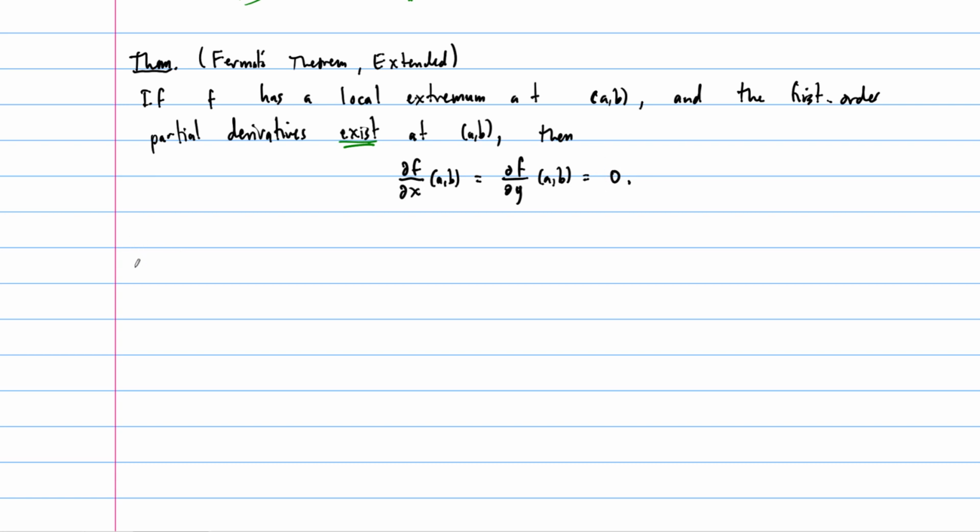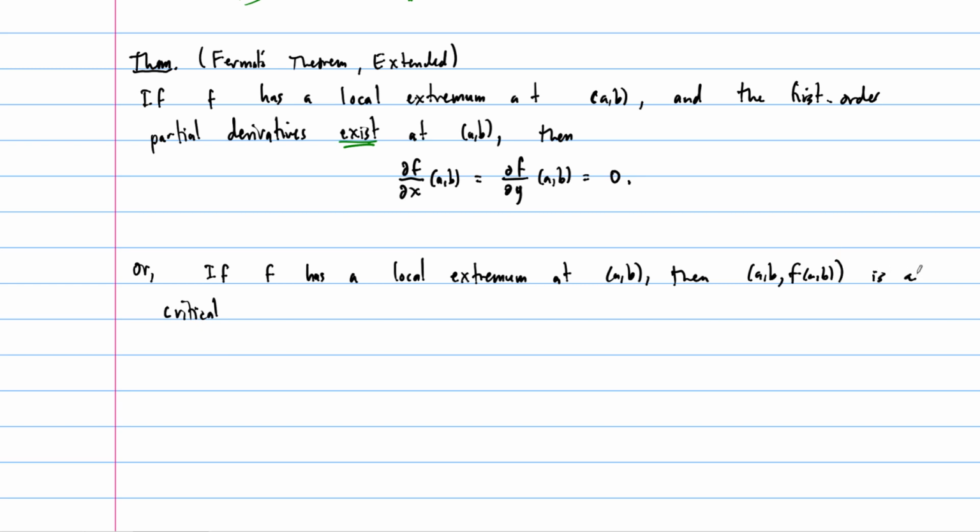So we can rephrase this as: if f has a local extremum at (a, b), then (a, b) is a critical point. The way we've defined critical point, this should be (a, b) and then f of (a, b), the point on the surface.